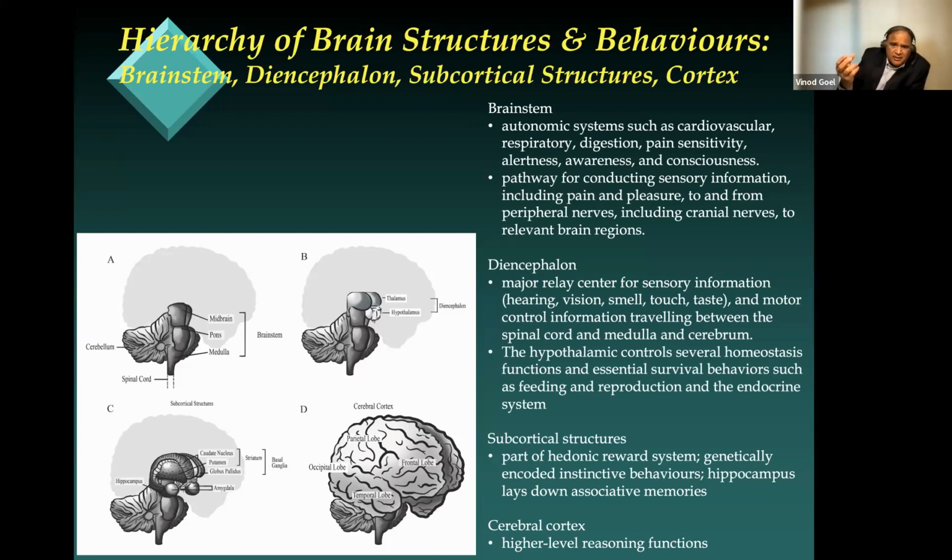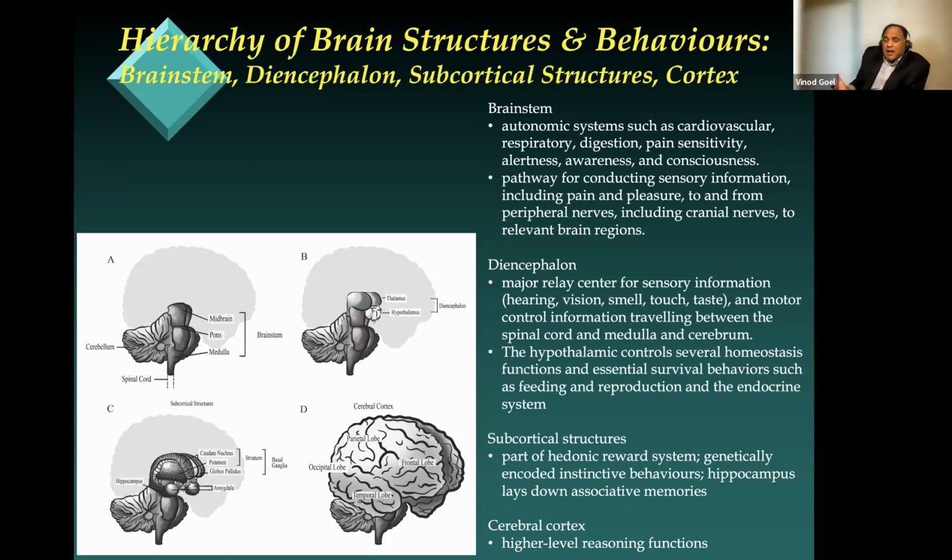And then the information travels between spinal cord, medulla, and cerebrum. Subcortical structures are part of the hedonic reward systems, genetically encoded instinctive behaviors. Hippocampus lays down associative memories, and cerebral cortex is associated with higher level reasoning functions.